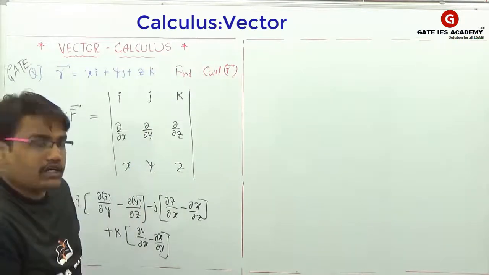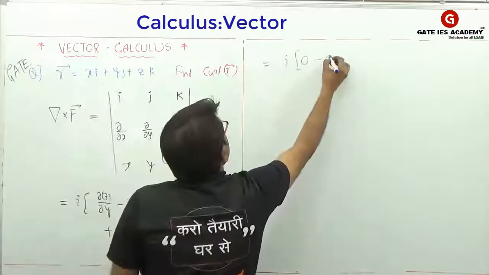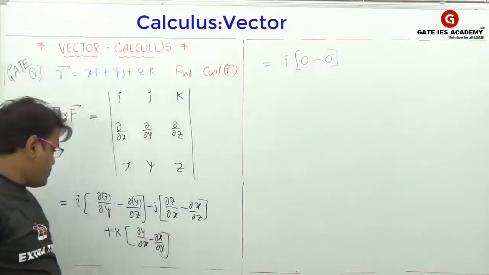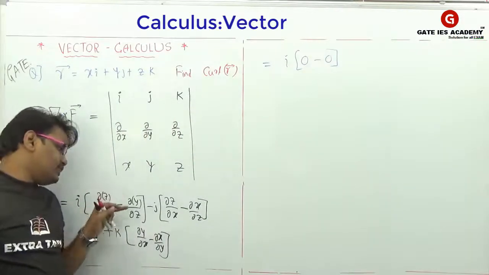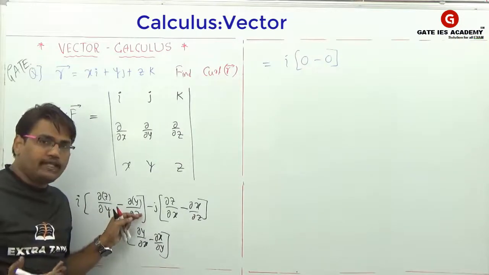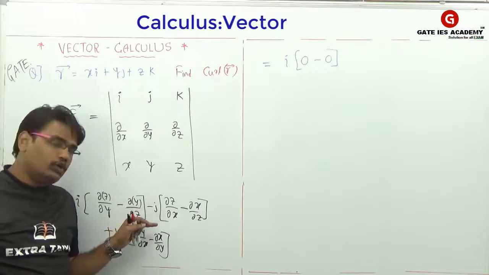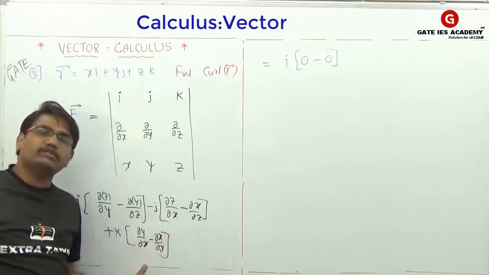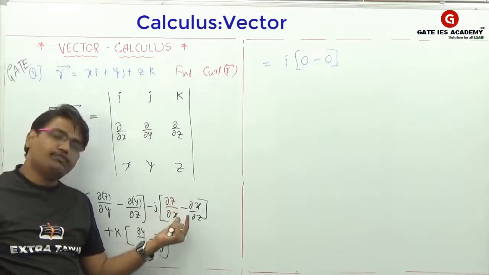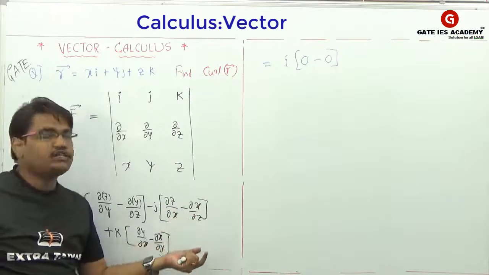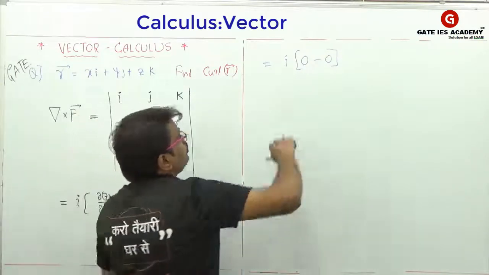So finally, what are the values? This is 0 minus 0. What is the differentiation of z with respect to y? That is 0 only, because z is treated as a constant. Here also it becomes 0. So everywhere the same thing happens, z with respect to x or x with respect to z, so it becomes 0 only.